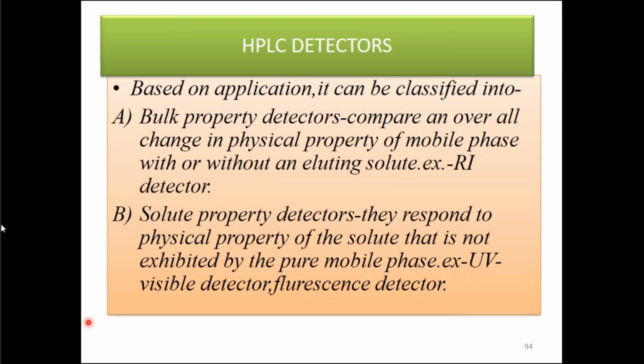Whenever a component, say the first component, is getting eluted, the component is capable of absorbing UV radiation and therefore the detector will show some absorbance reading and you will get a peak in your chromatogram. This is how detection takes place in solute property detectors.